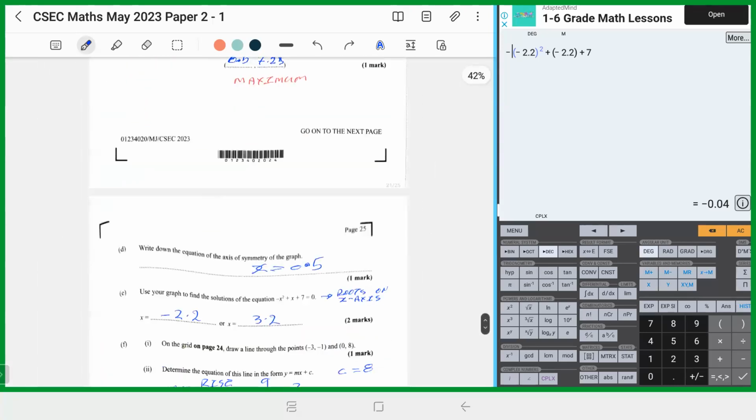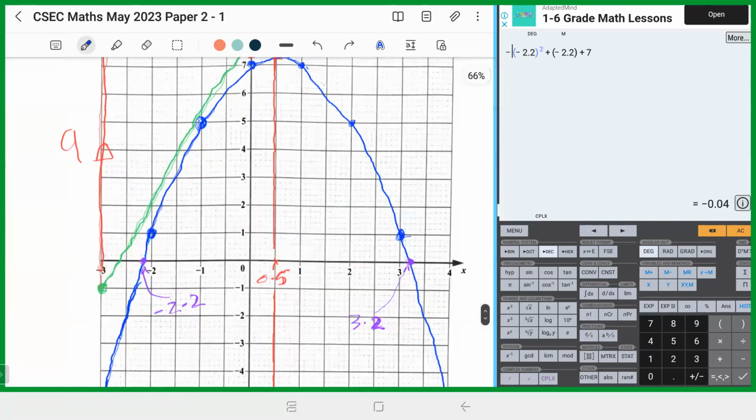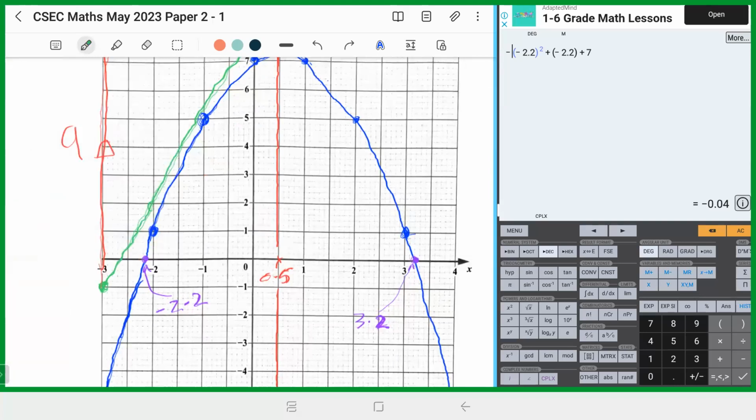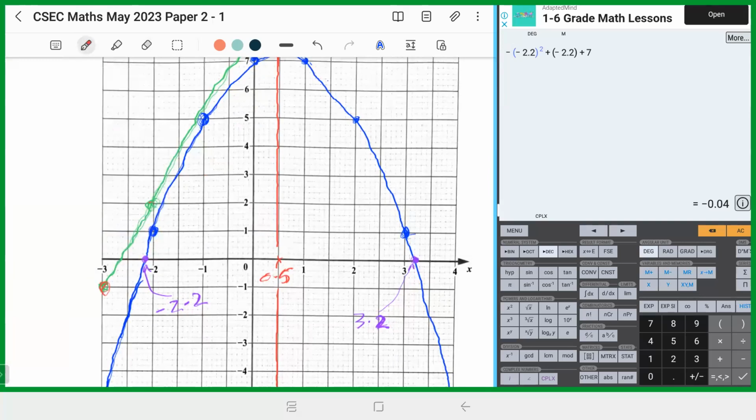All right, next question. You could use 2 other points for the gradient. For example, you could use these 2 points to get the gradient just from here to here. Instead of going all the way up there, I could have said this point to this point: rise 3, 1, 2, 3, rise 3, run 1.